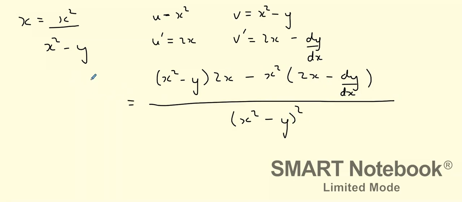And that is, when I differentiate x on the left hand side, I get 1. Why is it 2y? Why is 2y x squared? Have I done something silly here?